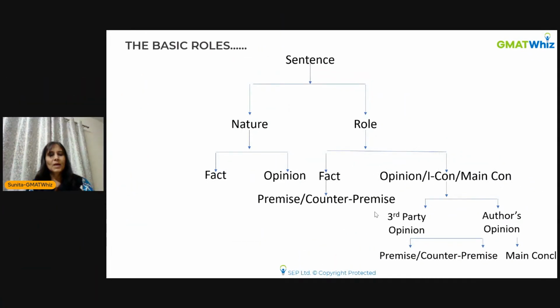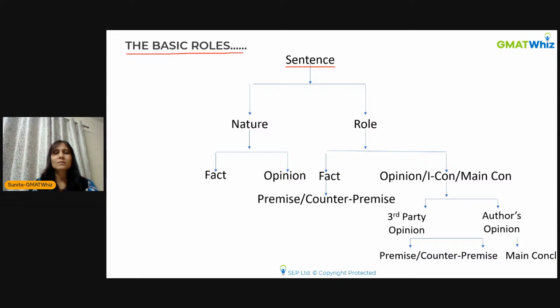Yep. So let's understand, first of all, a couple of things about the boldface questions. What are the basic roles that you can expect on any boldface question? Very, very important. This is also going to help you understand a lot of things about your RC sentences or sentences on any of the other stimulus. So pay attention. Think about any given sentence.